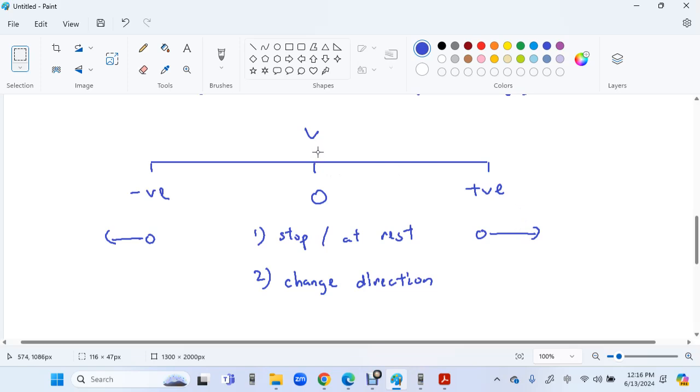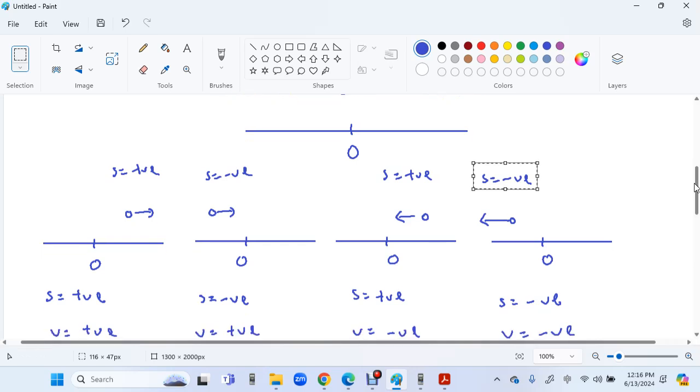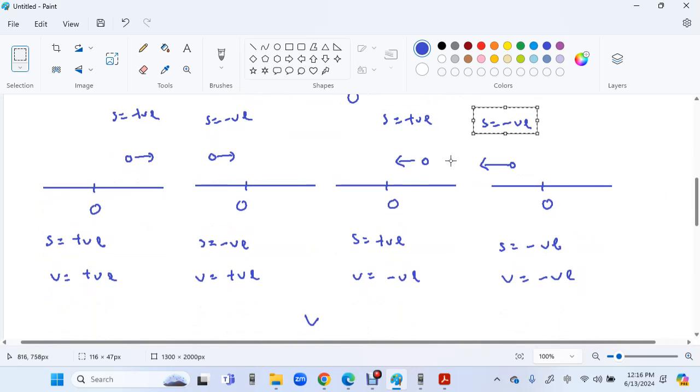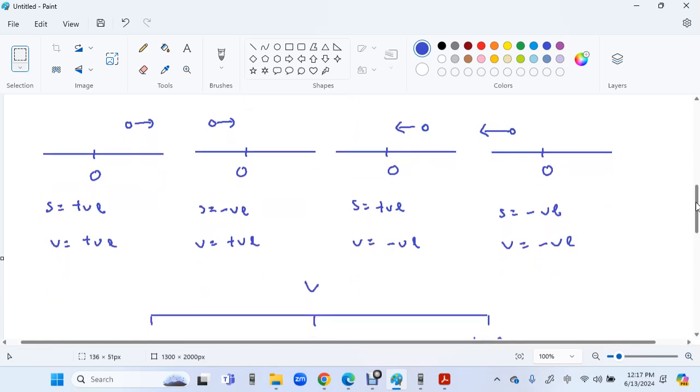When the particle is stopped or at rest, or the particle changes direction, then the velocity is 0. So over here, for these 4 cases, the displacement is positive, negative, positive, negative, and the velocity is positive, positive, negative, negative.